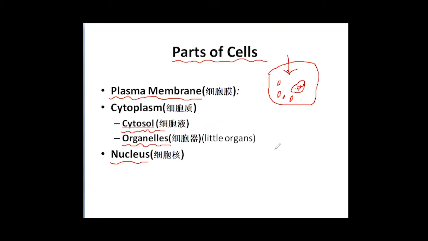So that's basically, we say inside of cells, we have three bigger parts, but the second part is the cytoplasm. Cytoplasm still covers two parts. One part is just water, another part is the small organs there. So that's basically the structure of the cells.